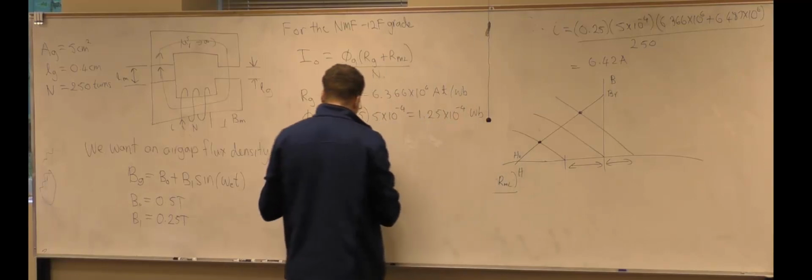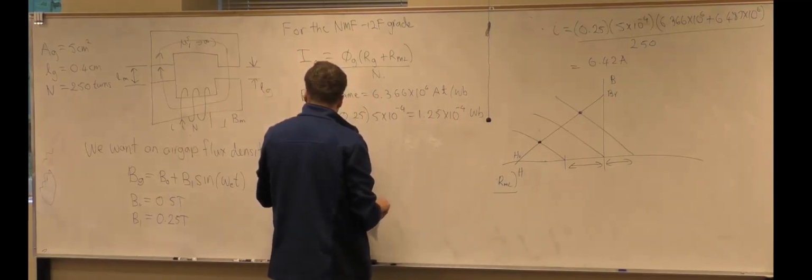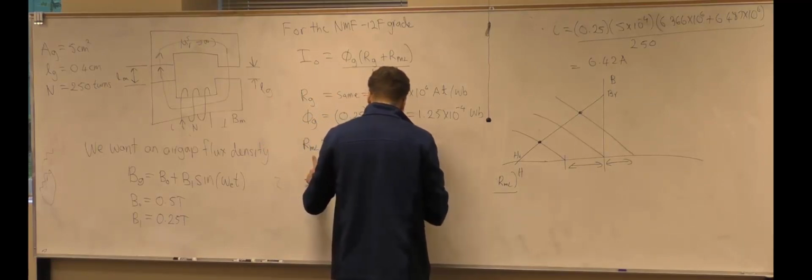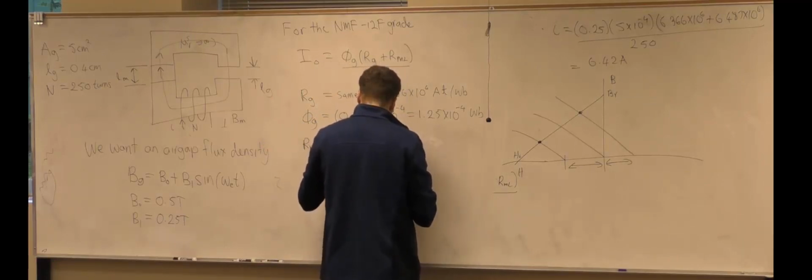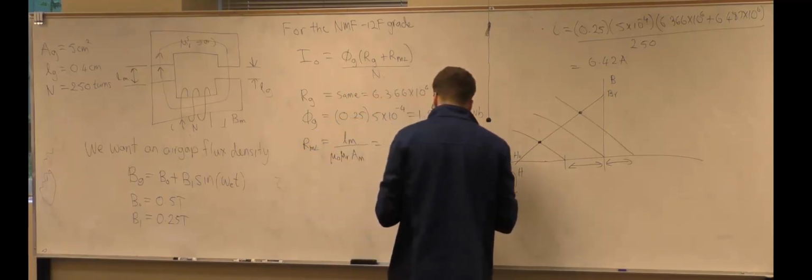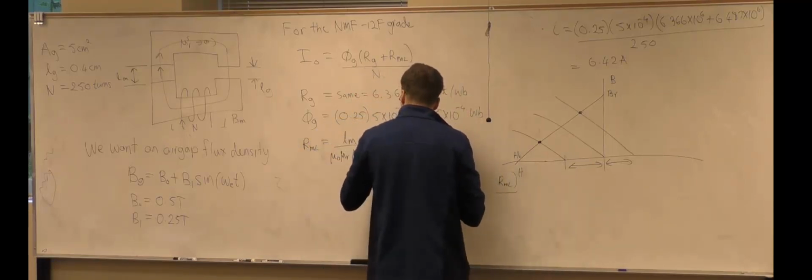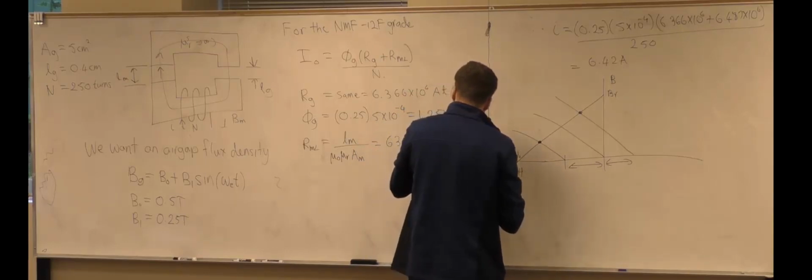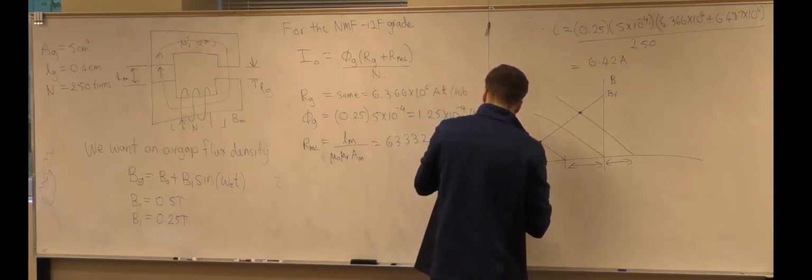The thing that does change though is the magnet reluctance. That's going to be lower because the length is lower. So we have Lm divided by mu naught mu r Am, and that term was 6333243.7 amp turns per Weber.